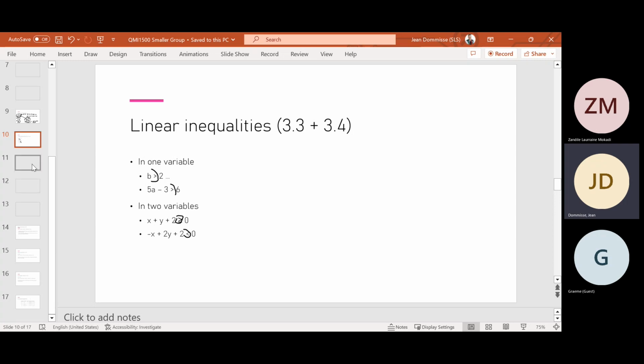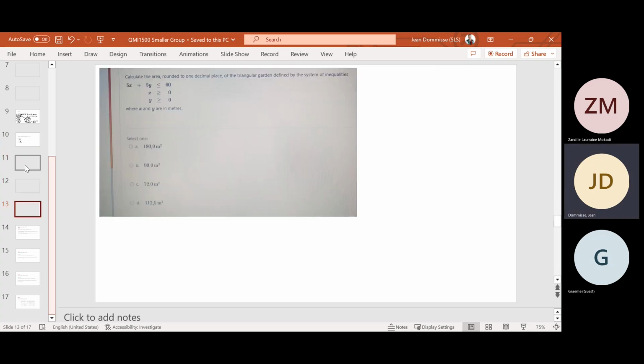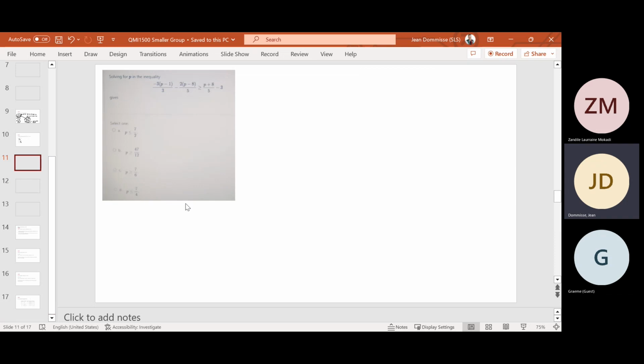So we will now look at three examples. This one is very similar to one that I had, so I thought let's replace it with one you shared.